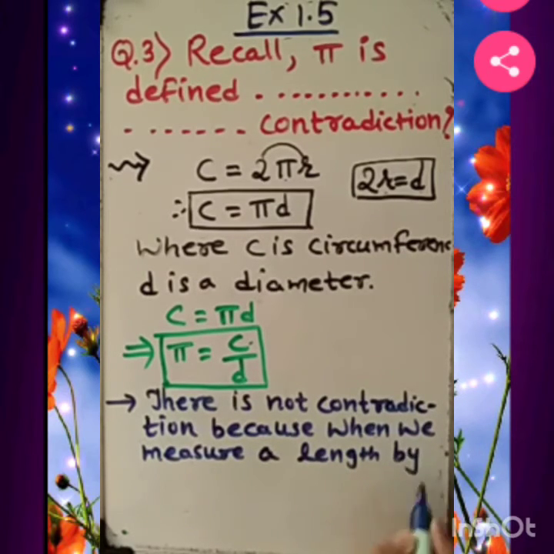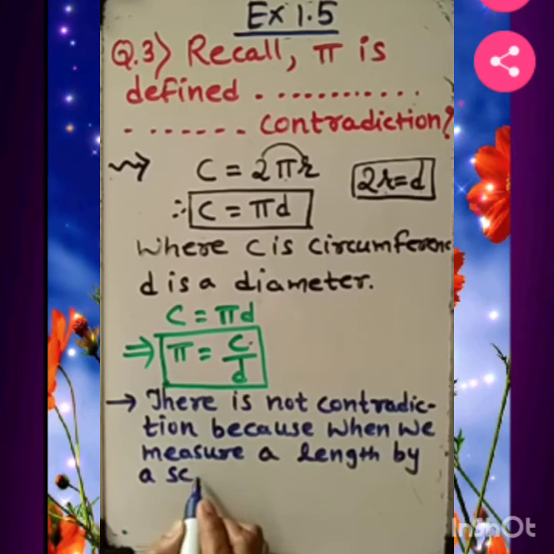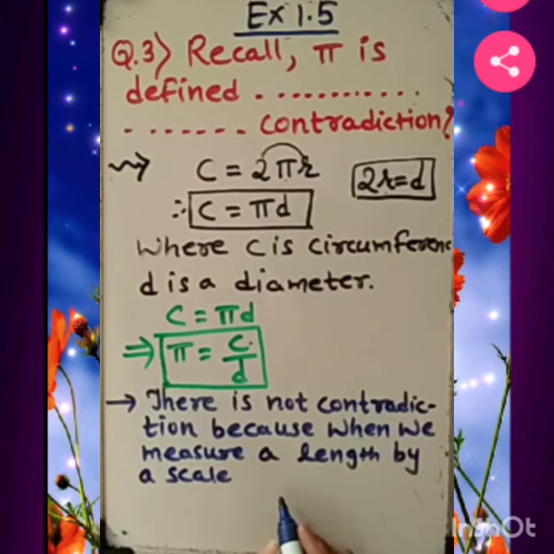When we are measuring the length by using a scale or any other gadgets, whatever is available, so many, spherometer, vernier scales. When you go to 12th class, you will study regarding this. So many materials we use for measuring. This says that we only get an approximate value.